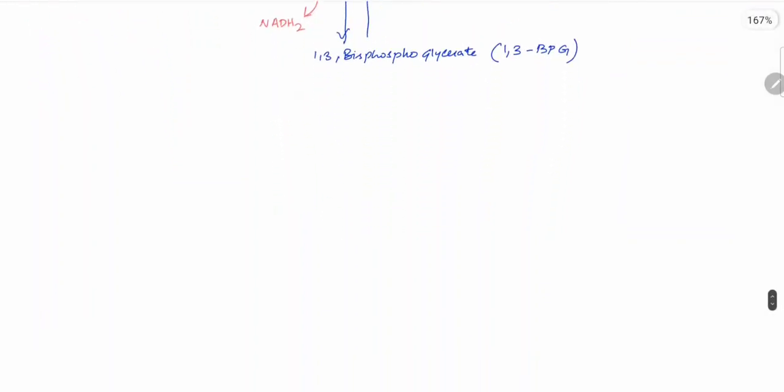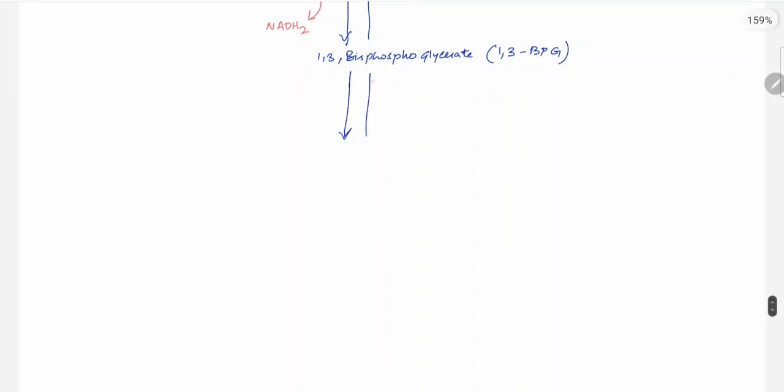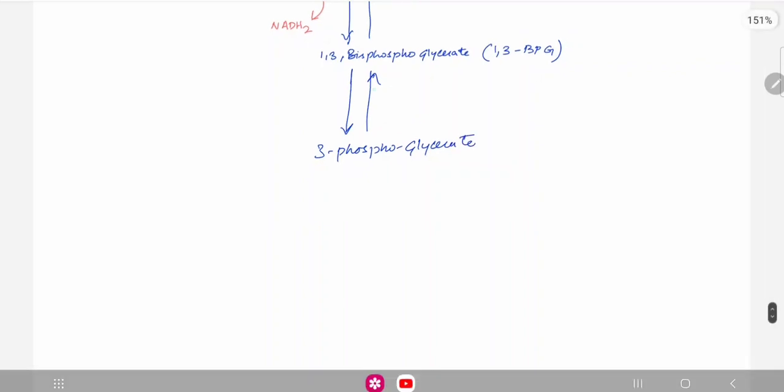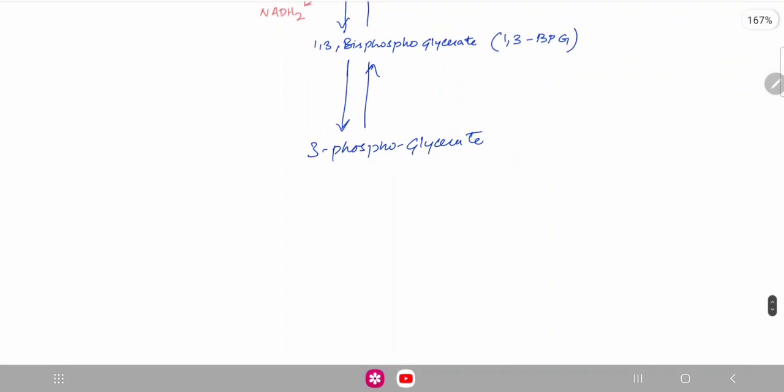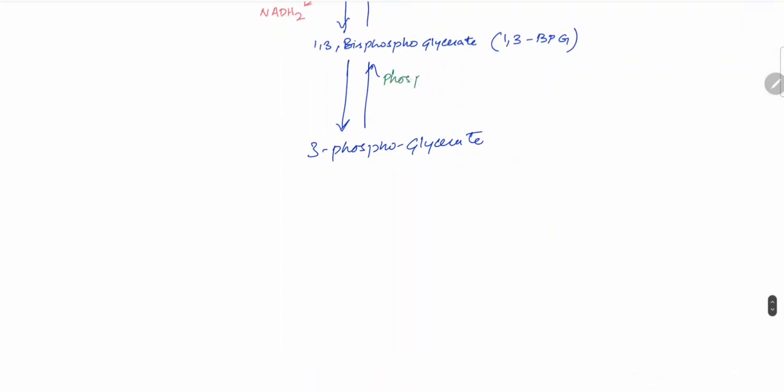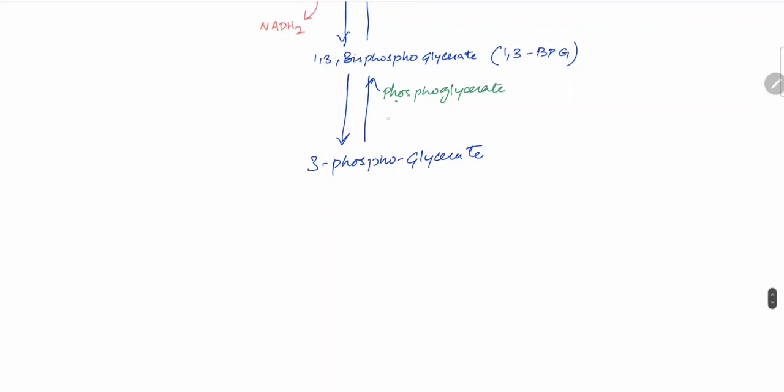and then this 1,3-BPG is converted into 3-phosphoglycerate in the presence of an enzyme called phosphoglycerate kinase.